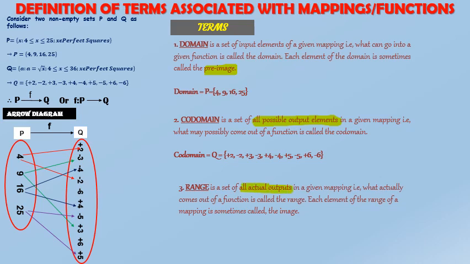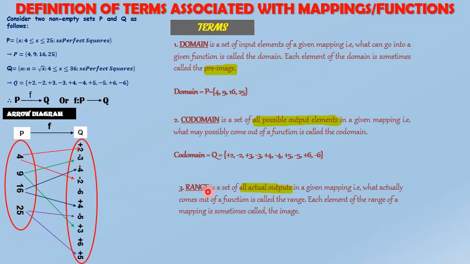So all actual outputs, unlike what we said about codomain, all possible outputs, which simply means in the case of range, any element that belongs to your range must be connected to at least one element in your input set. What does that mean?